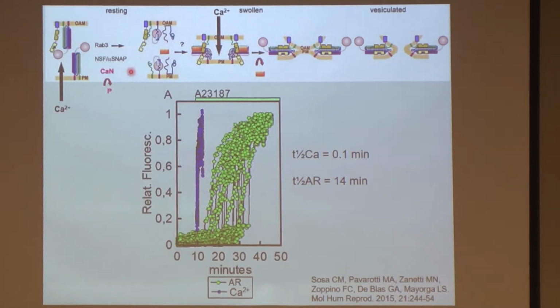One observation in our model is that this initial calcium entrance does not immediately cause exocytosis.